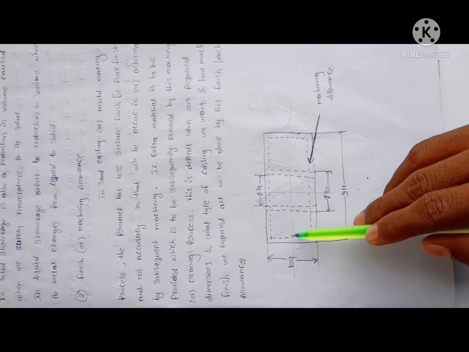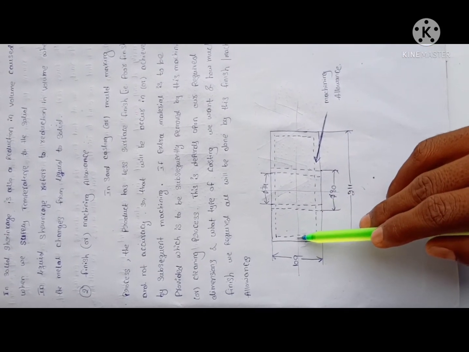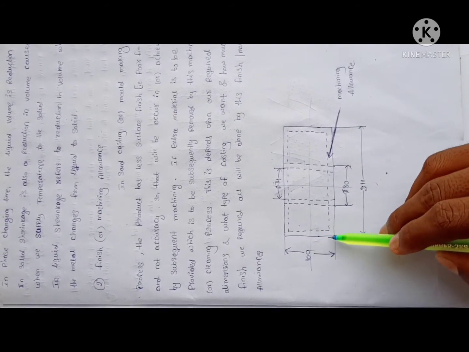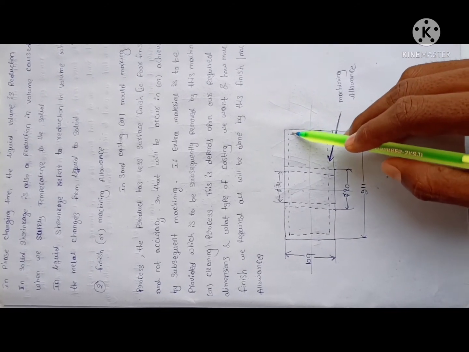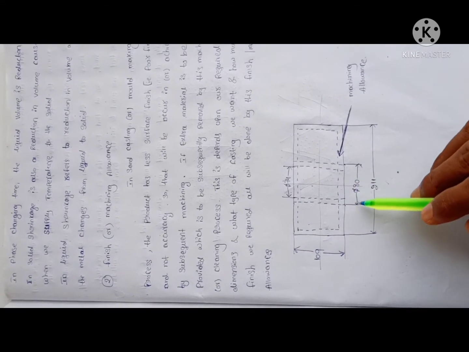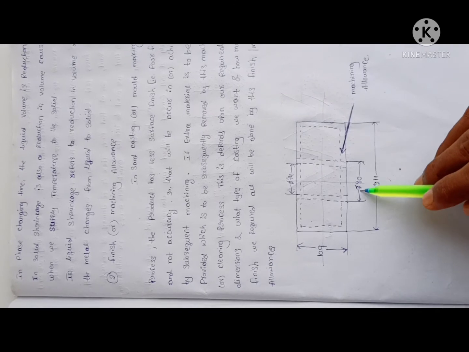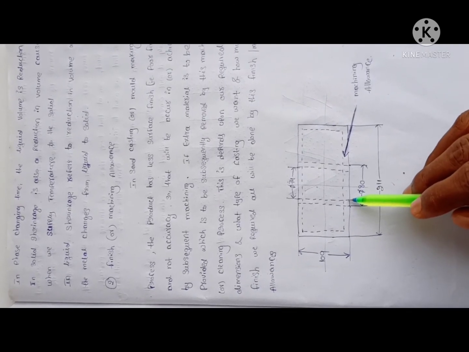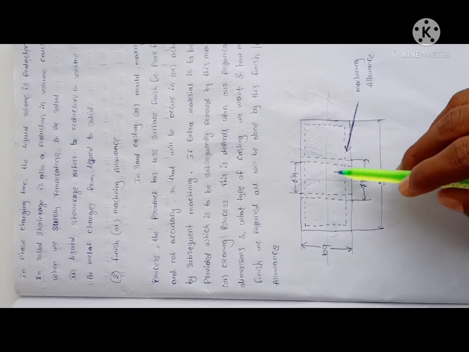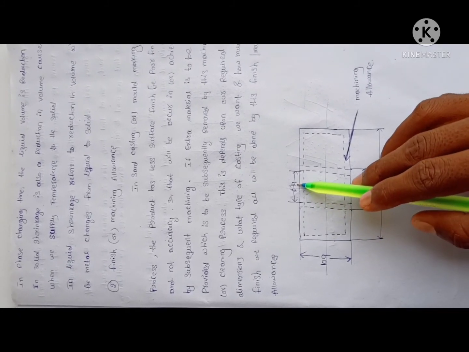This is the product. If extra material should be removed, this is machining allowance. If this is the exact position, it should be machined up to this distance. If the total diameter is 80, this should be removed and we get a diameter of 74.